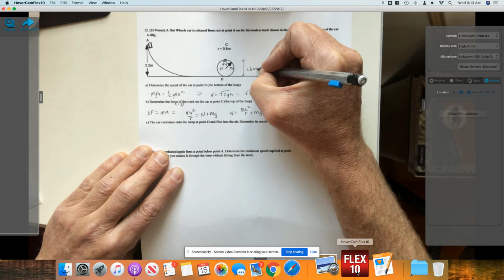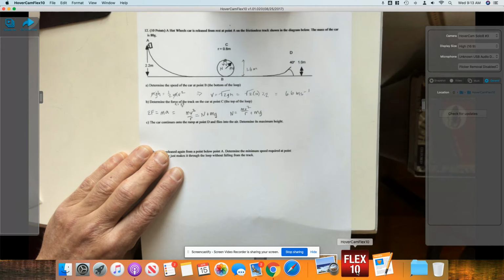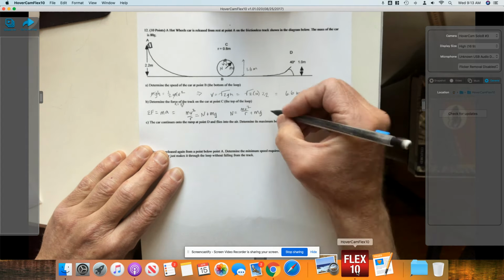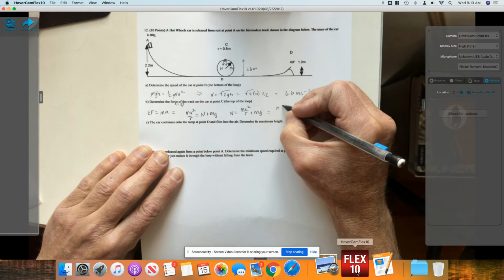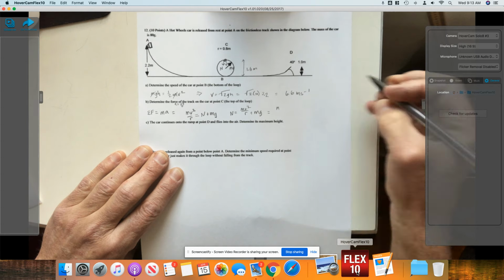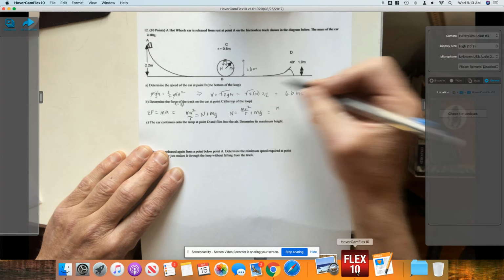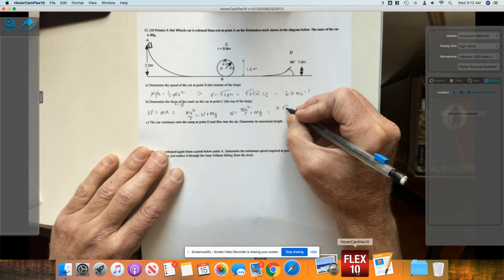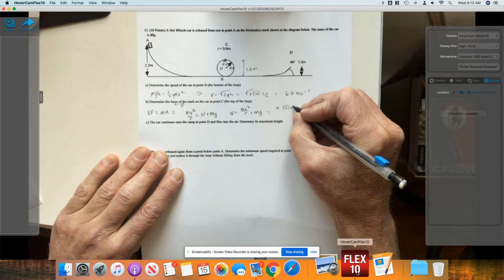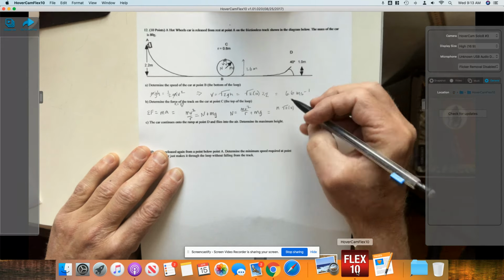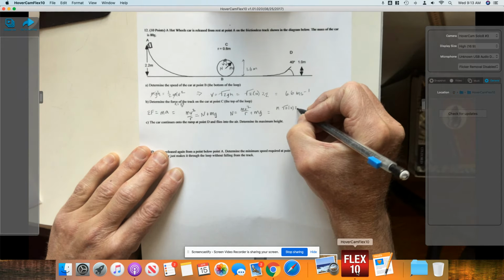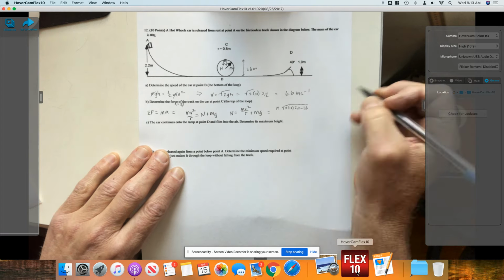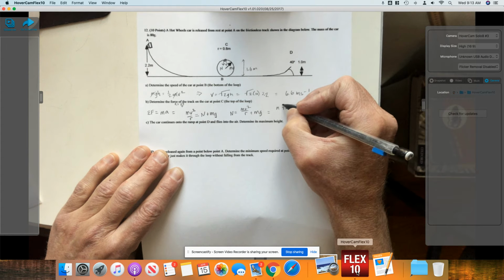And given that this is 2.2, then I would know that the velocity right here is going to be the square root of 2g, and then the height in this case is going to be 2.2 minus 1.6. And that's going to be my velocity, but I still need to square it.